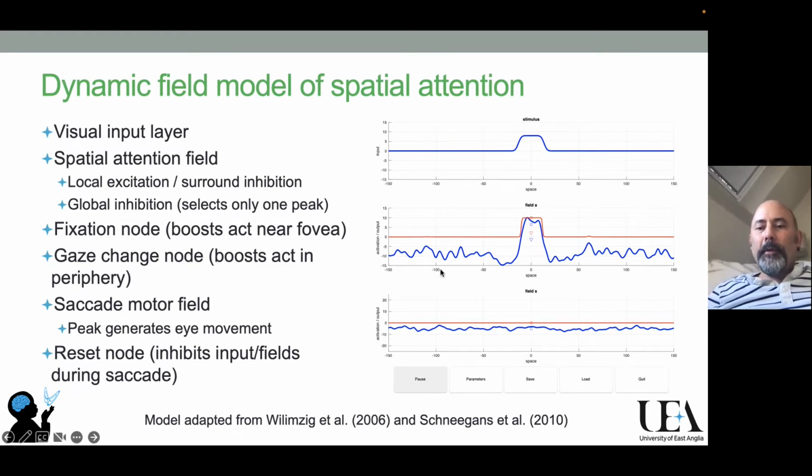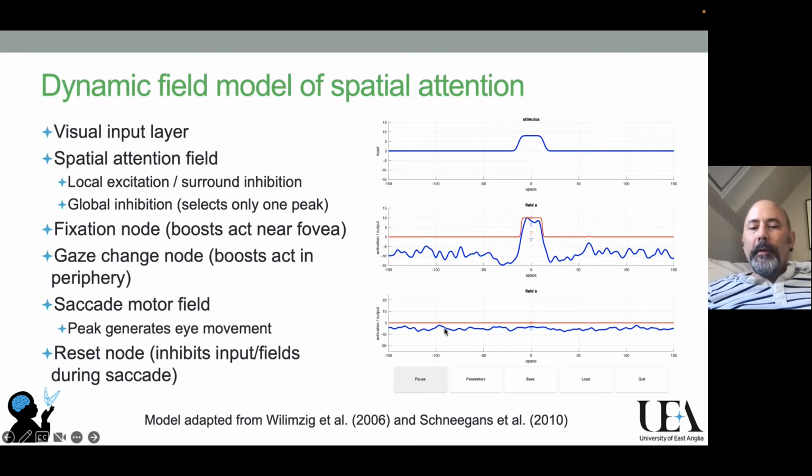There was also global inhibition to ensure that spatial attention was sort of a winner-take-all or all-or-none type decision field. We also had a fixation node, which, let's say the infant has something to look at, boosts activation at the fovea. There was also a gaze change node, which boosts activation at the periphery. In our model, that was conceptually linked to the auditory alerting cue.